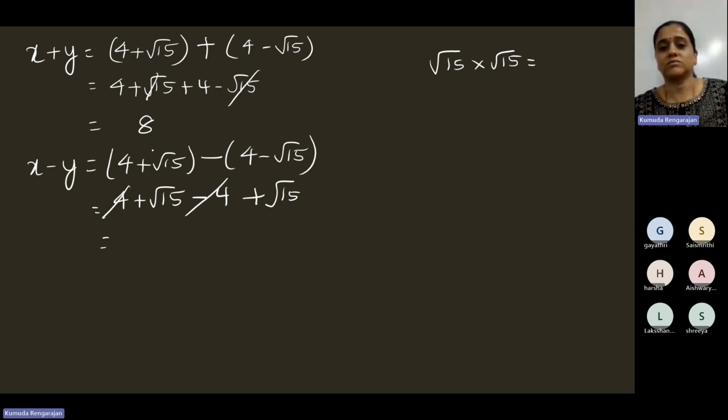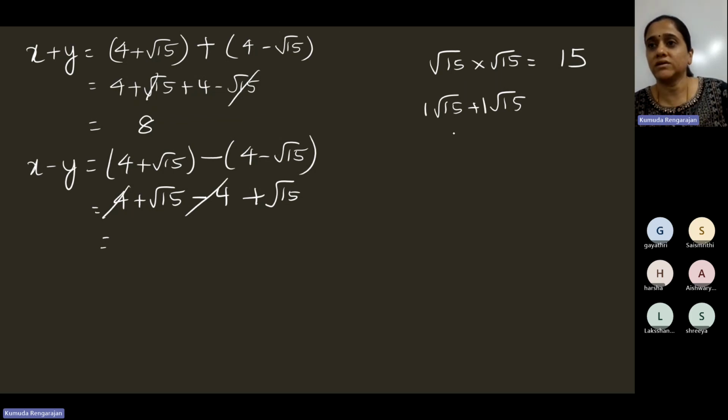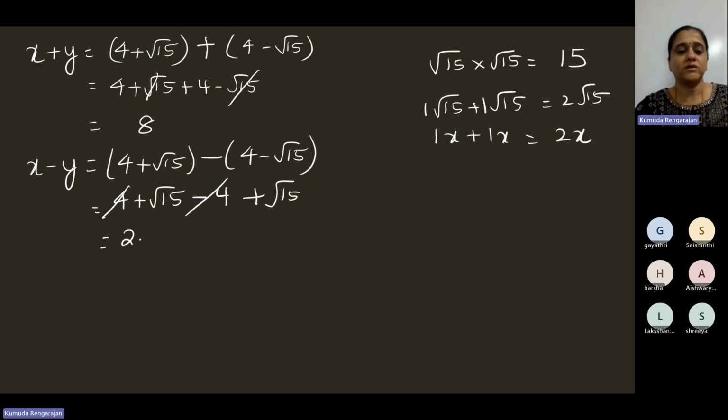Okay, so you need to get the difference carefully. Root 15 into root 15 is 15. Root 15 plus root 15 is like 1 root 15 plus 1 root 15, like 1x plus 1x is 2x. So 2 root 15. Next, we need to find the value of xy.